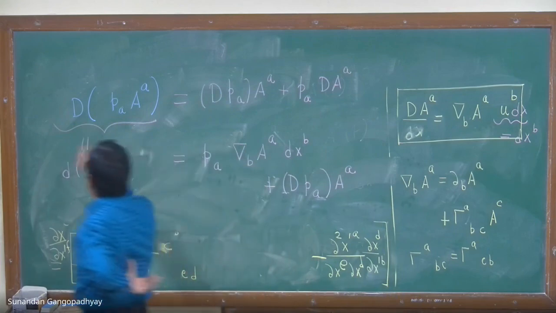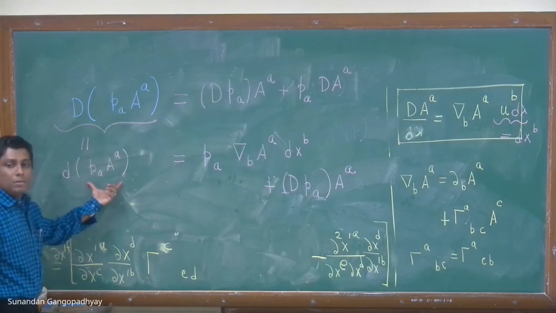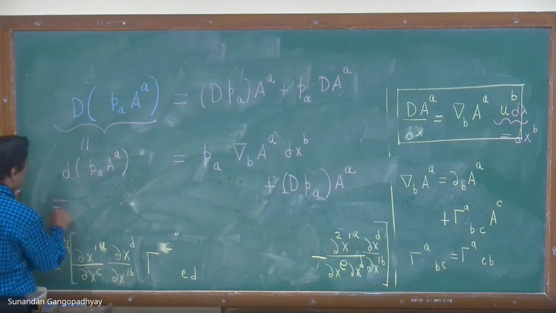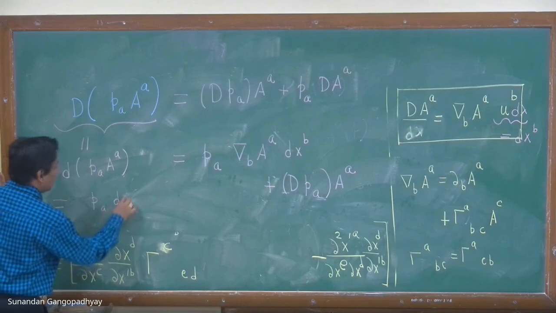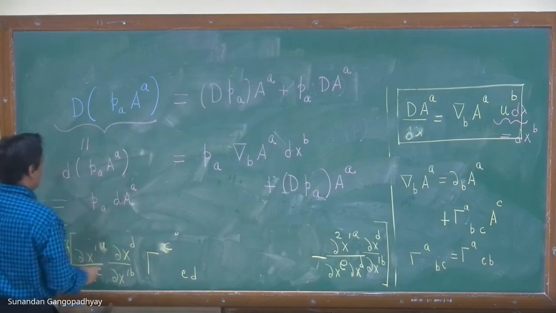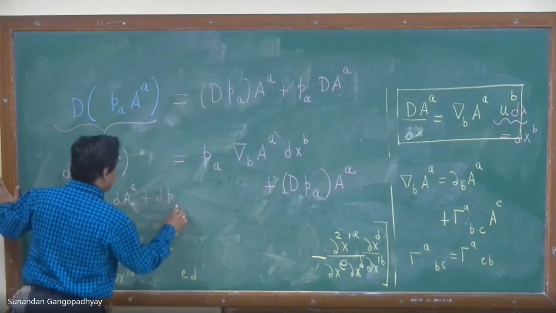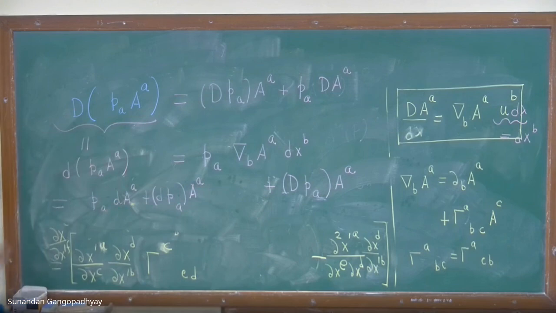Again, by the Leibniz rule, because all derivative operators should obey the chain rule, you can write this as p_a dA^a plus A^a dp_a. This is what we have.